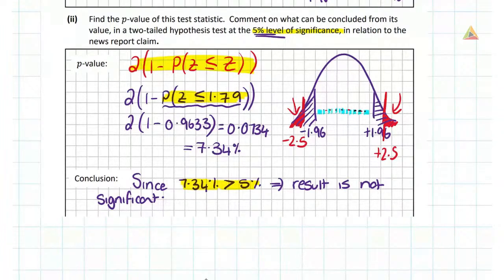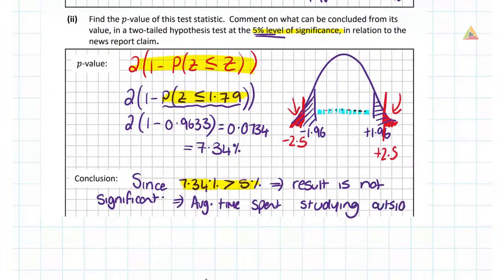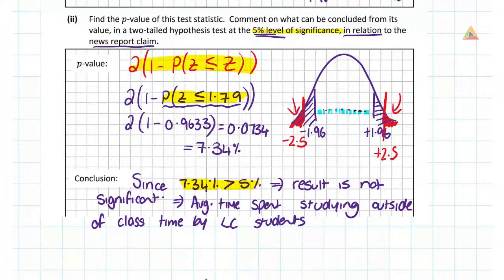So it's not significant, and therefore we can conclude that the average time spent studying outside of class time by these Leaving Cert students, so it's quite long-winded, but we need to give our conclusion in relation to the news report claim, or often the question will say in the context of the question.